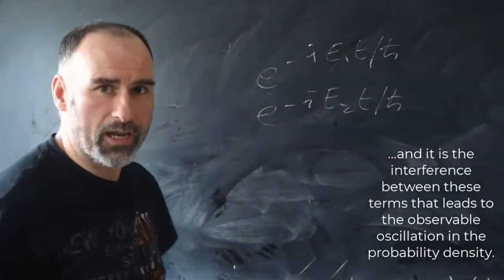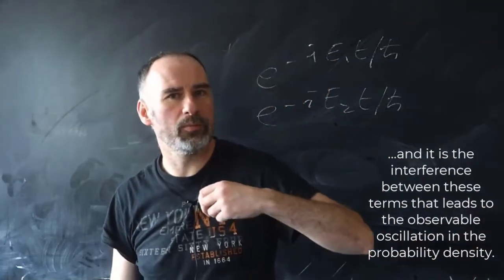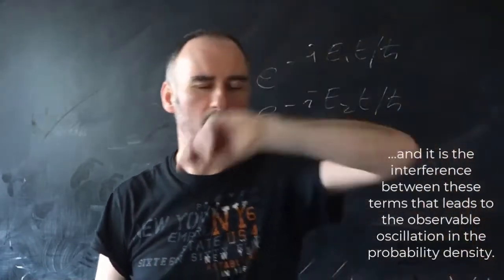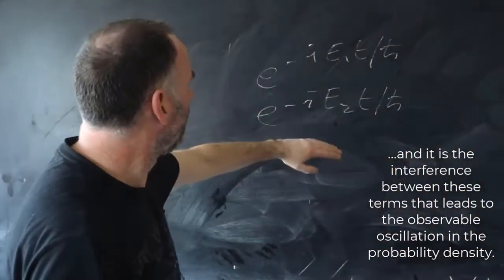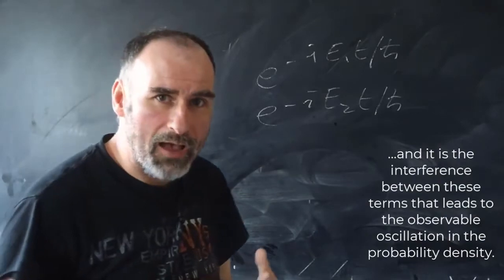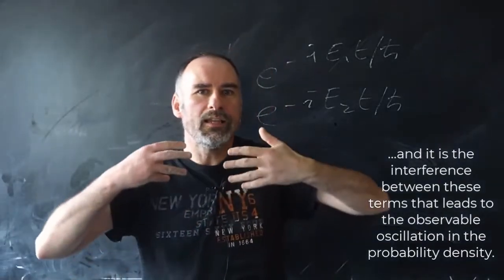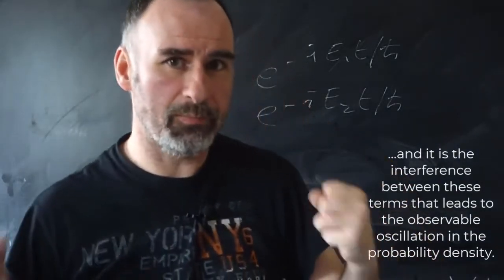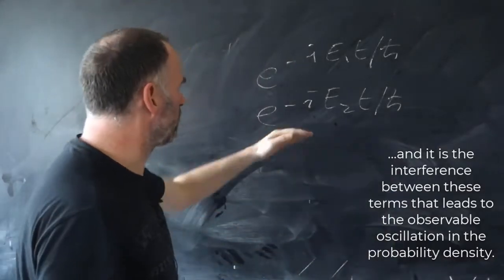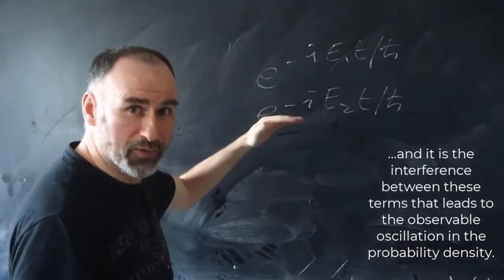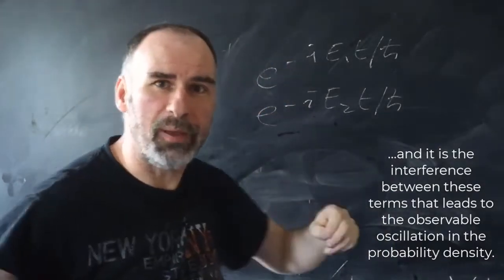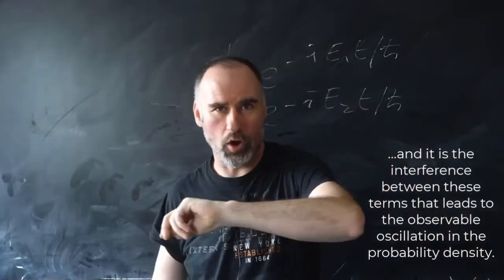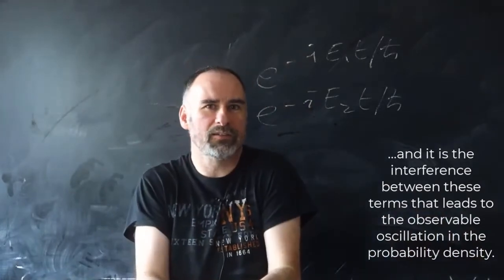E2 is actually 4 times E1 if we're talking about the infinite potential well, because our energy levels go as n squared. And so now we have a temporal dependence, because in the product of these two things, you're going to have a term which depends on the difference between E2 and E1. And that gives us our temporal dependence.